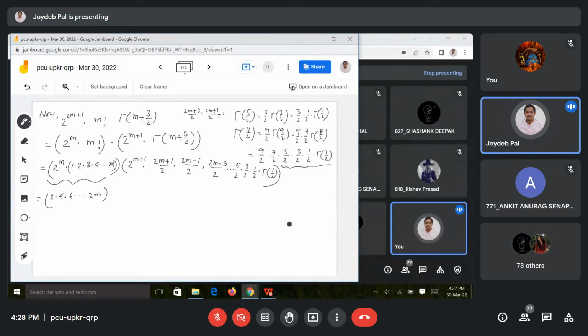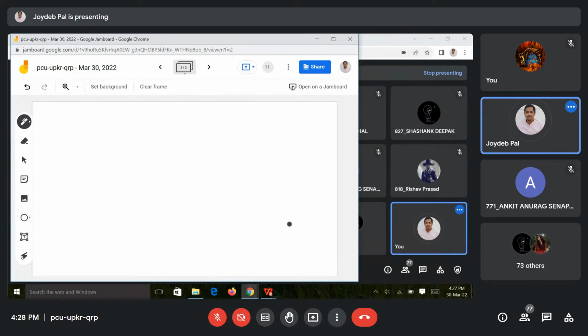Okay, simple multiplication. Actually, see, I have 1 into 2 into 3 into 4 up to m, and I am multiplying it by 2 to the power m, right? So 2 into 2 into 2 up to m number of 2's. So I am multiplying this, this, this, then this.